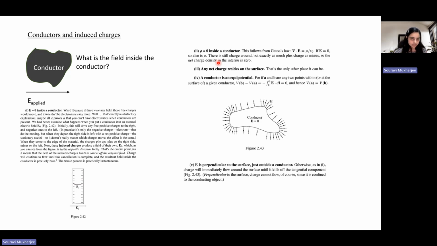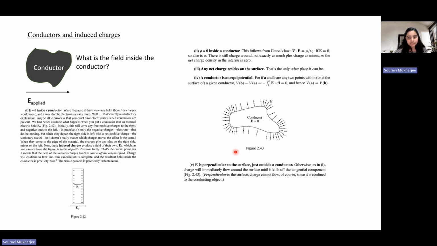They arrange themselves on the surface such that the conductor becomes an equipotential surface. What it means is that if you move from point A to point B on the surface of a conductor, there will be no work done because the potential is the same everywhere on the surface. That also hints at the fact that any electric field at the surface should be perpendicular to the surface.